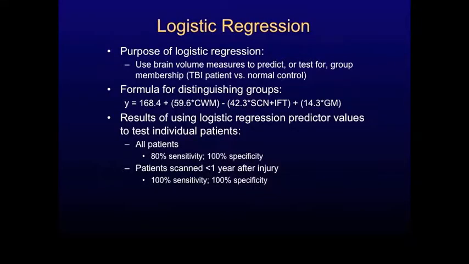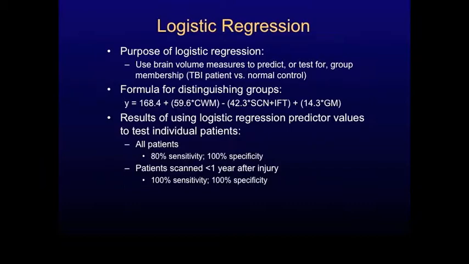And to walk you through this slide, the model produced a formula that distinguished the two groups. And you can see that in the formula, it's mainly driven by the rapid atrophy of cerebral white matter. You can see that 59.6 times cerebral white matter.